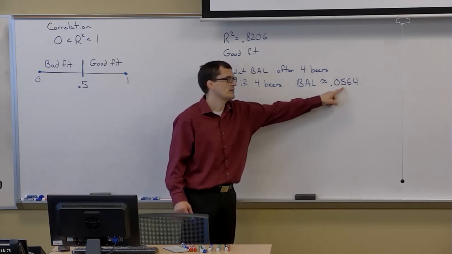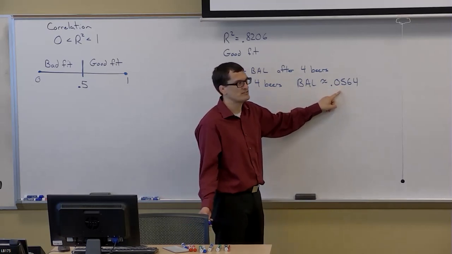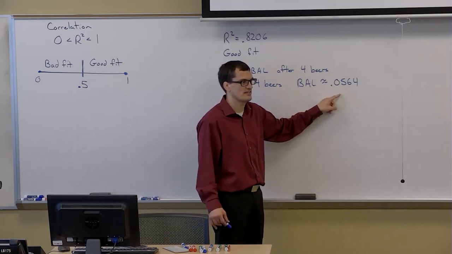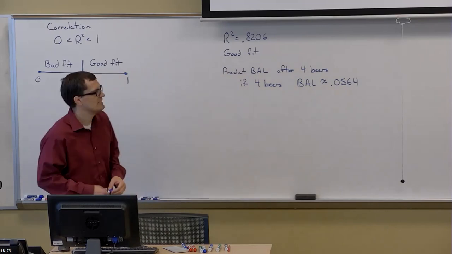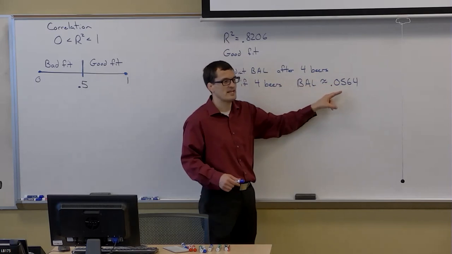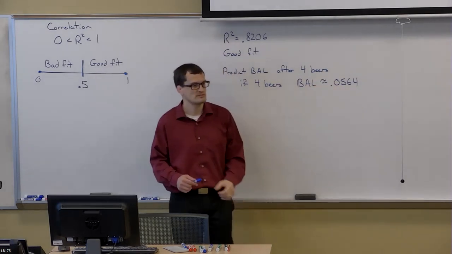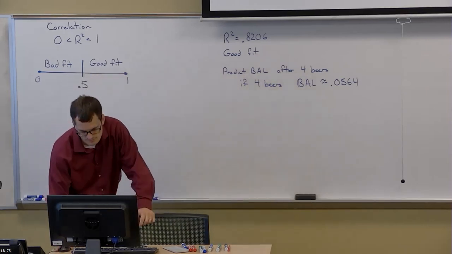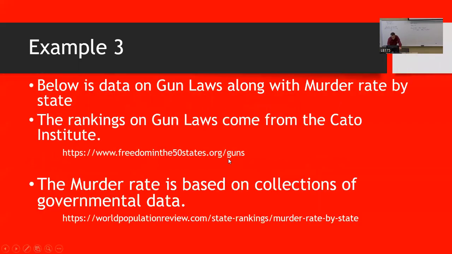And a couple of hundredths makes a big difference legally between getting a ticket and not getting a ticket. Does that make sense? So, yes, it is a good fit, but we have to understand there's still wiggle room when you make your predictions. Okay with that?